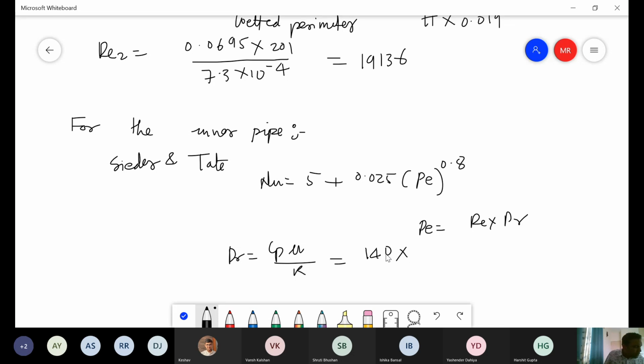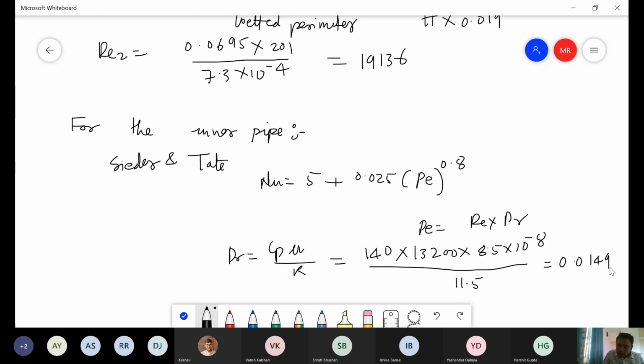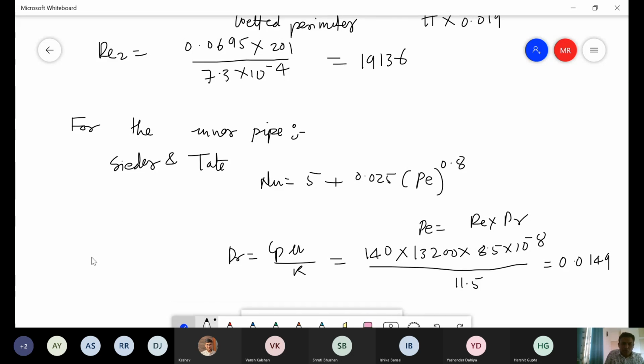Mu of the mercury is not given, so we can calculate it directly as 200 into kinematic viscosity, that is 8.5 into 10 raised to power minus 8, and divided by K. So K for the mercury is given as 11.5. Correct. So what we get from this is 0.0149. That is the Prandtl number we are expected to get.